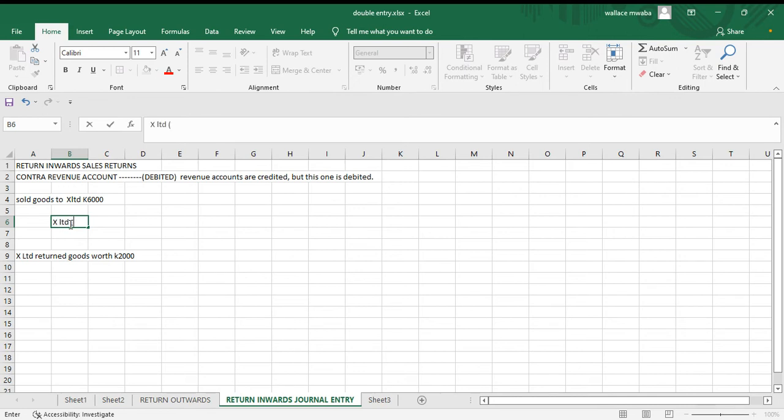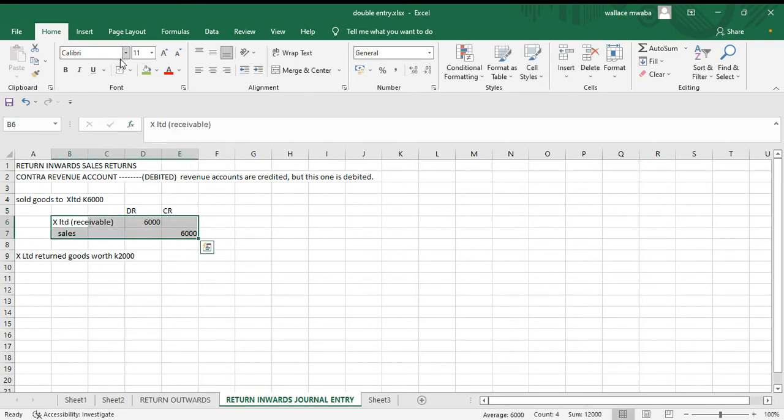This is an increase in our asset, 6,000. Then we credit the sales revenue, because when revenue increases, we credit it. So we say sales, 6,000. We debit here, we credit here.